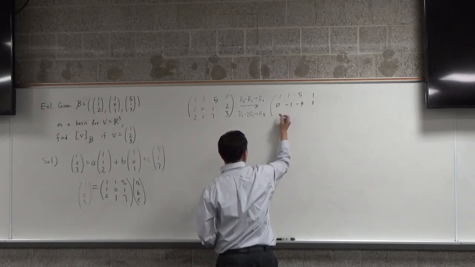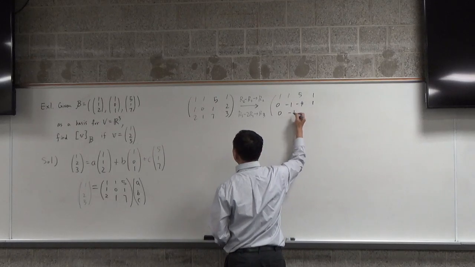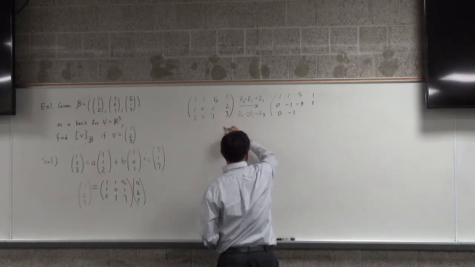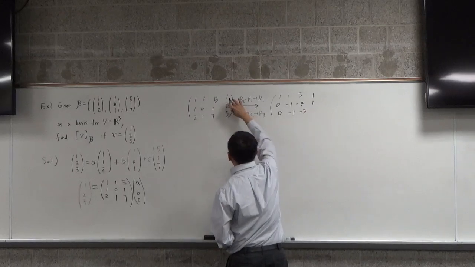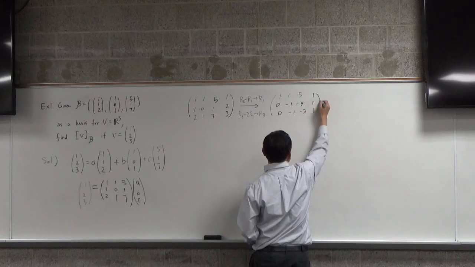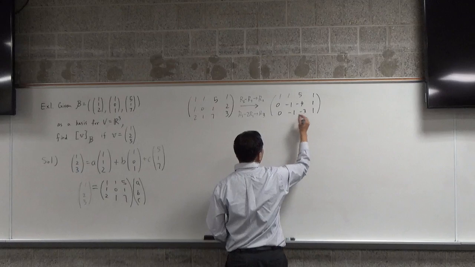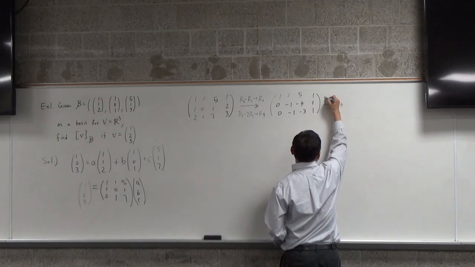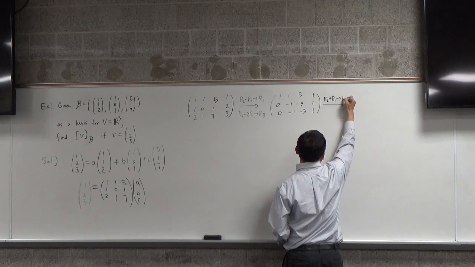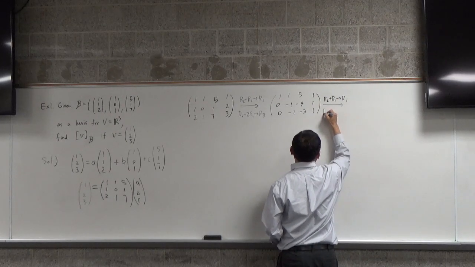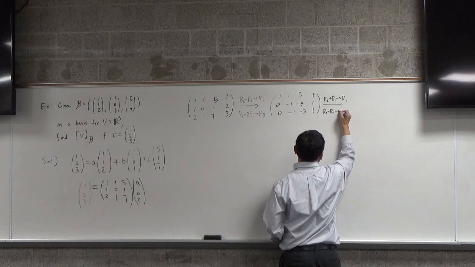And then twice of this will be 0, -1, then twice of this subtracted will be -3, twice of it will be 1. Okay, and then I can add R2 to R1, replacing R1, right? And R3 minus R1, replacing R3.